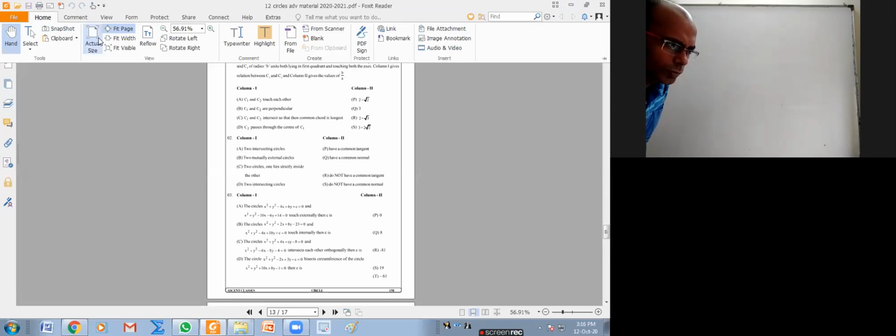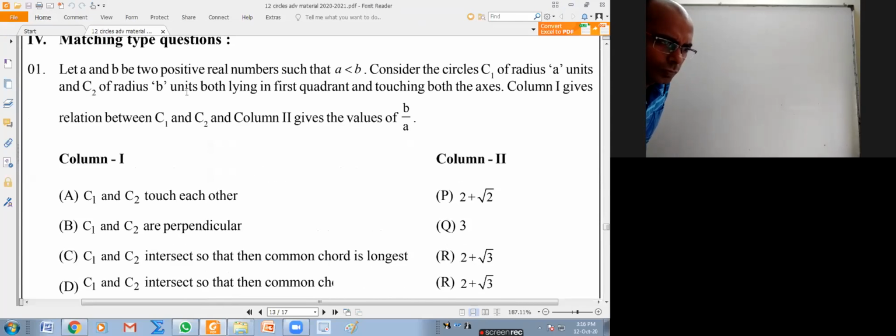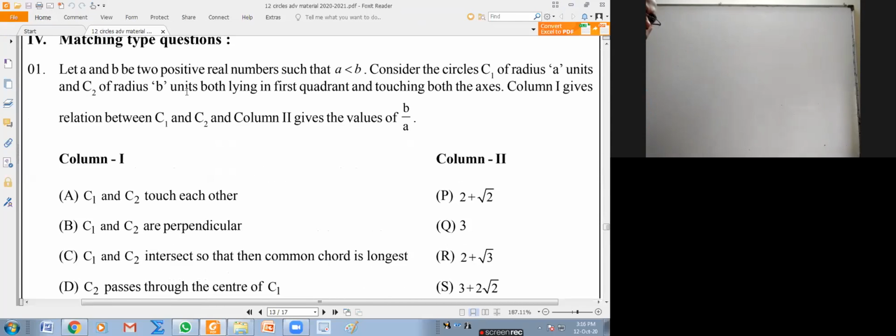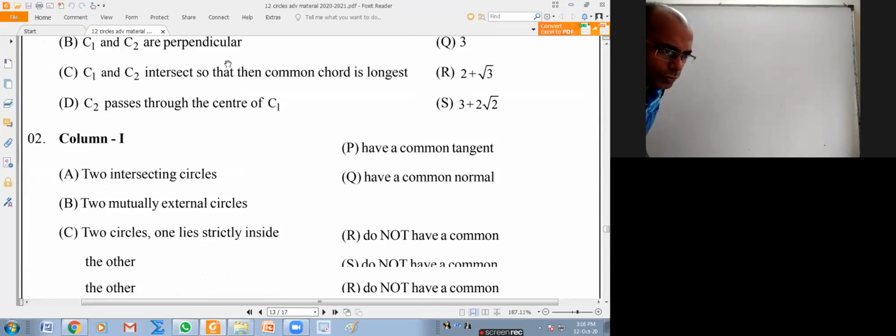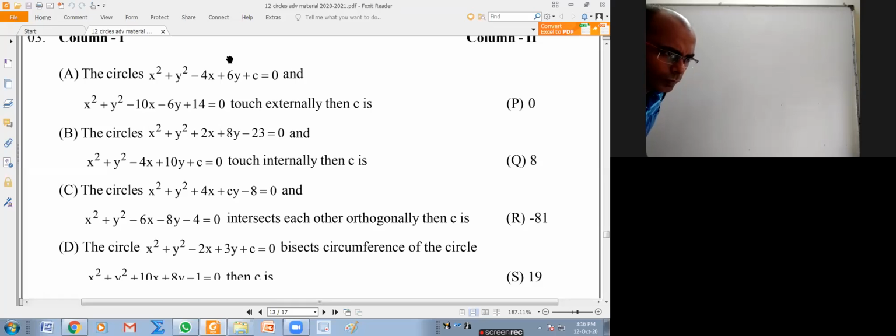Third matching. The circles touch externally, so C1C2 equal to R1 plus R2 can be used. Or you can subtract these two, we'll get a line, and that line should touch one of the circles. So either way you can do it.